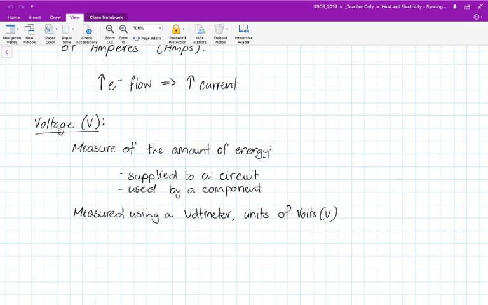Now, if you were to increase the amount of electron energy in your circuit, you would be increasing the overall voltage of the circuit. For example, in Australia, the general power supply is usually around 240 volts.